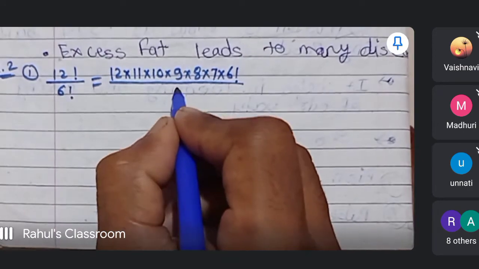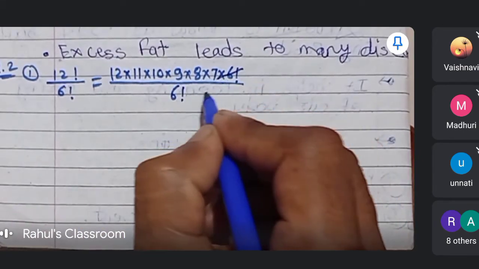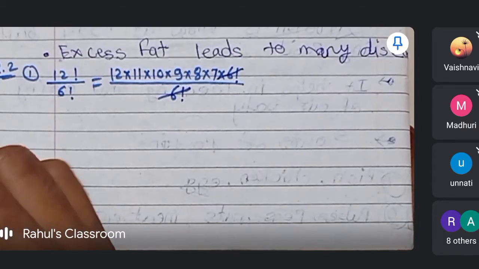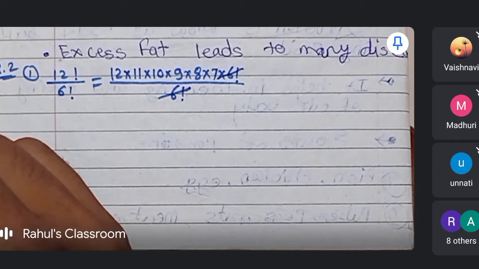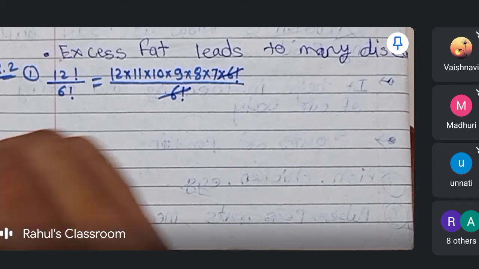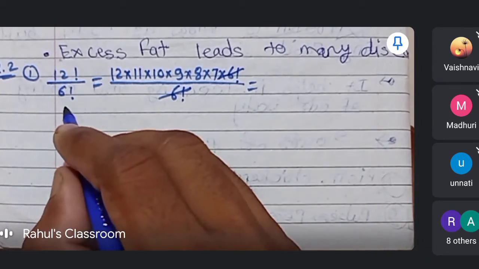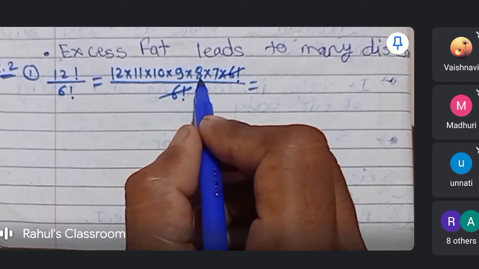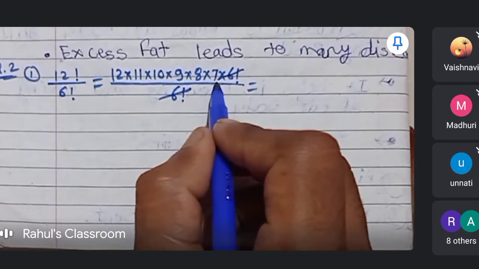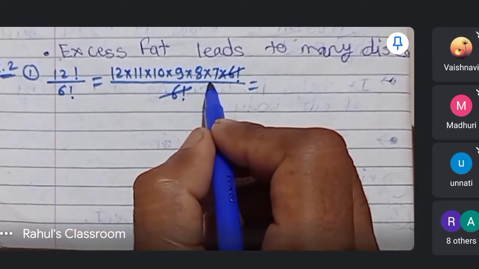And 6 factorial, only 6 factorial. The 6 factorial from numerator and denominator cancel, and the answer of this whole example is 12 into 11 into 10 into 9 into 8 into 7.